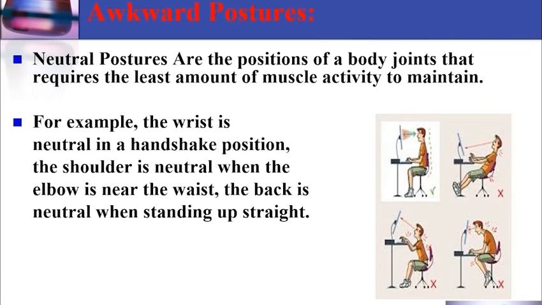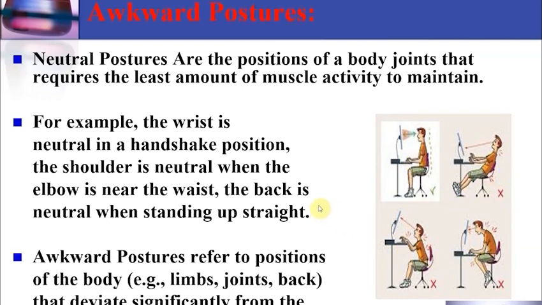The shoulder is neutral when the elbow is near the waist. The back is neutral when standing up straight. As you can see here when sitting, this is good, this is bad. Awkward postures refer to positions of the body that deviate significantly from the neutral position while job tasks are being performed.